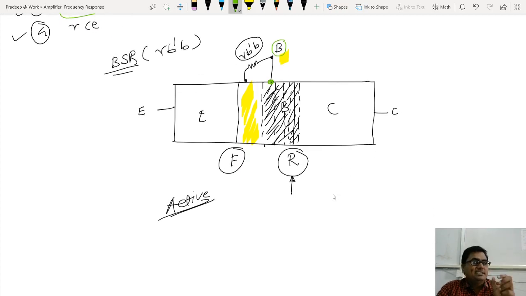Actually, it's not a base region spreading. It's a spreading of junction or spreading of depletion region in the base region. So that's why it is referred as base spreading resistance. So this is all about internal capacitors and internal resistors of a transistor.